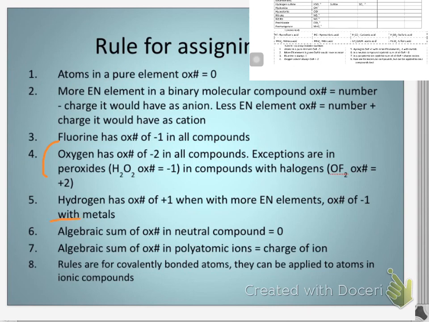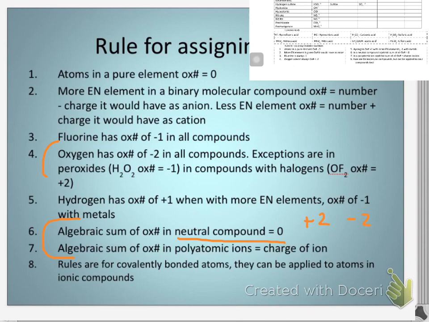These are really important. The algebraic sum of oxidation numbers is equal to the charge of the compound. Which means in a neutral compound, the algebraic sum of the oxidation numbers has to equal 0. That's a fancy way of saying if you have a +2 oxidation number, you have to have a -2. They have to balance one another out, just like charge.